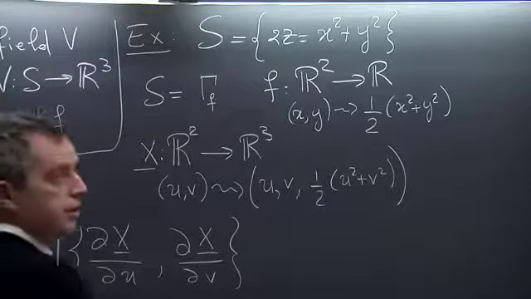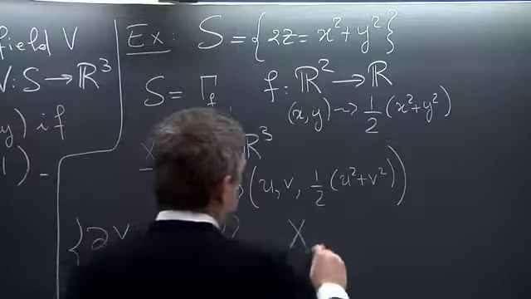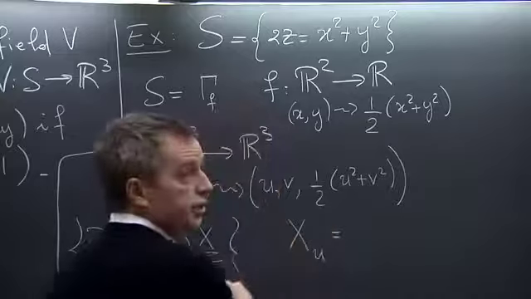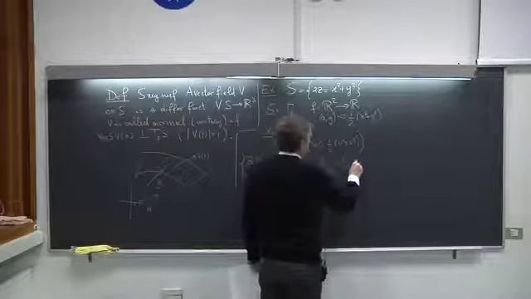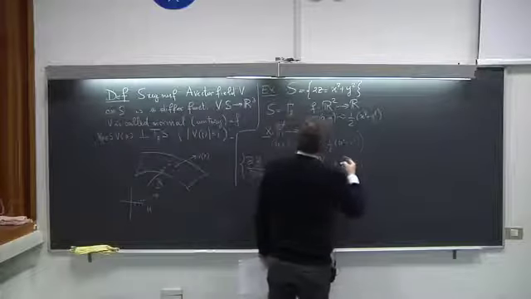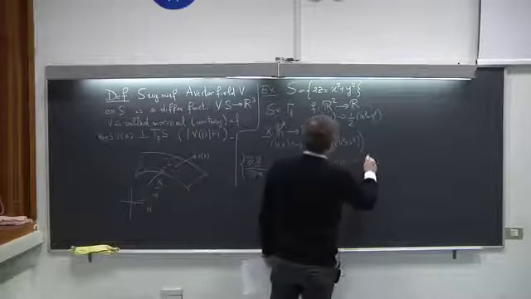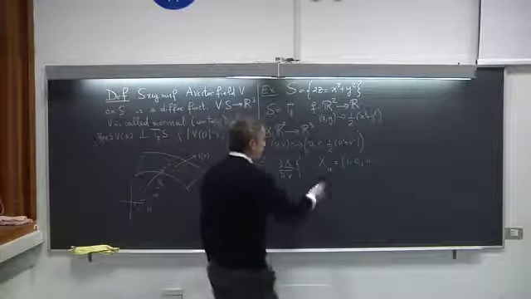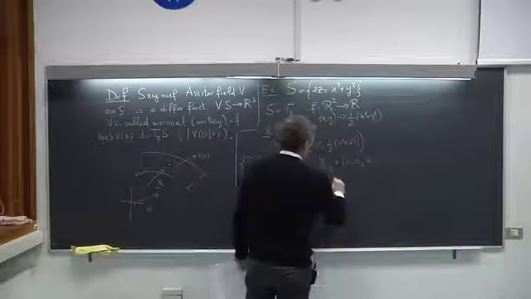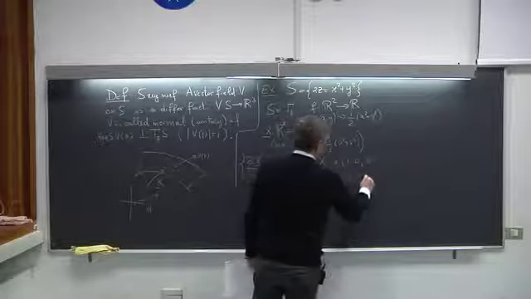So what are these vectors in this case? Well, xu is really the vector given by partial derivatives with respect to u. So it's simple. It's 1, 0, u. Okay? Now, xv is the other one.